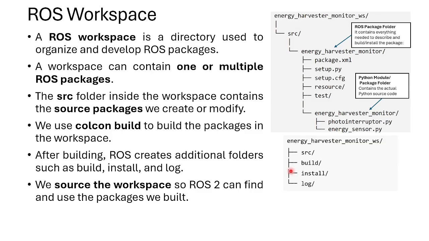For that, we'll have to run this command, which is source, tilde, which just means the home directory, then energy harvester workspace. Inside that energy harvester workspace, we have the install folder, and within this install folder, we have a setup file, which is setup.bash. This one we have to execute. As we execute this setup.bash, we will be able to introduce ROS to the package.